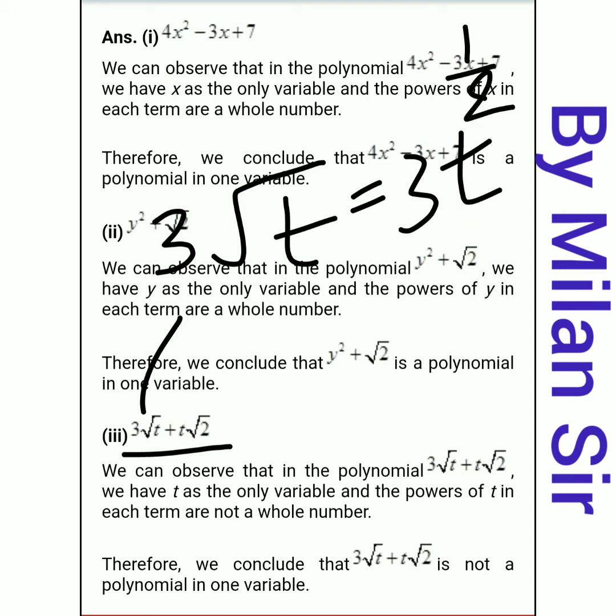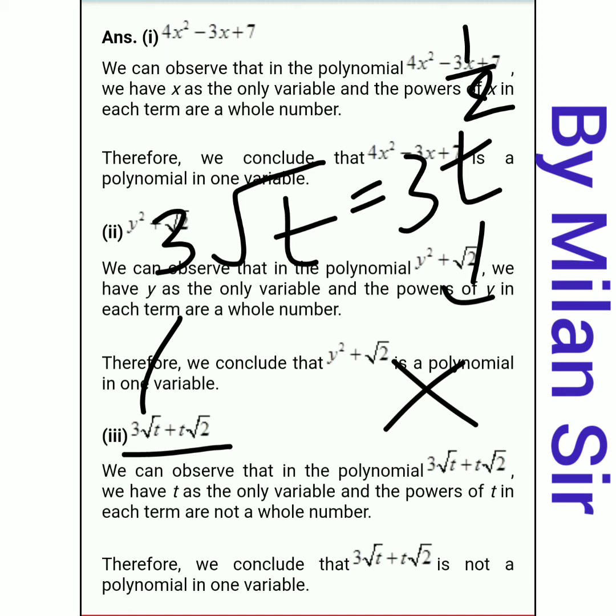So 3 under root t means 3 into t raised to 1 by 2. Here we have only one variable t, but in the first term the exponent is 1 by 2, right? It is not an integer because it is 0.5. So this is not a polynomial, right?